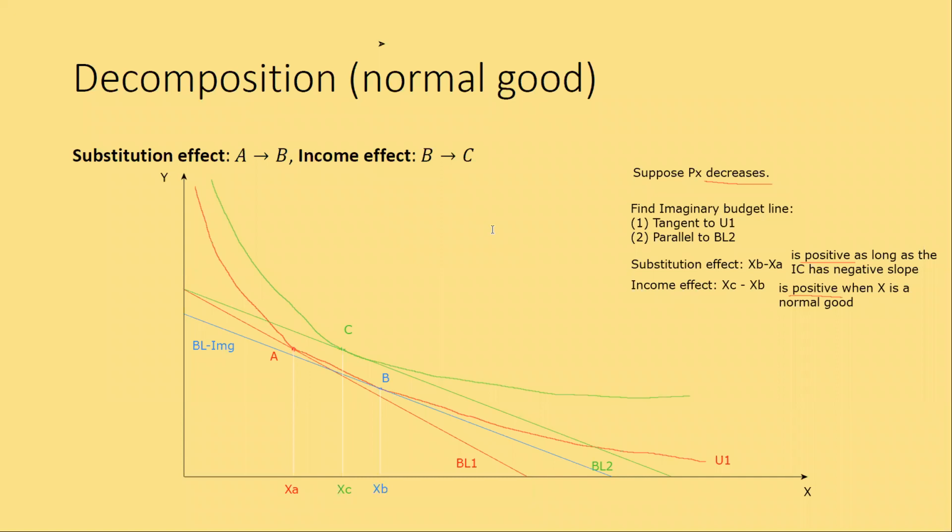So when the good is an inferior good, and I should have crossed out over here, cross out over here and say we are looking at an inferior good now.